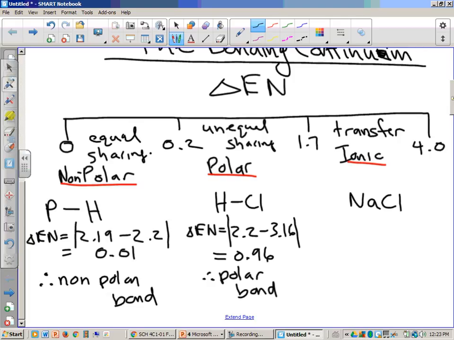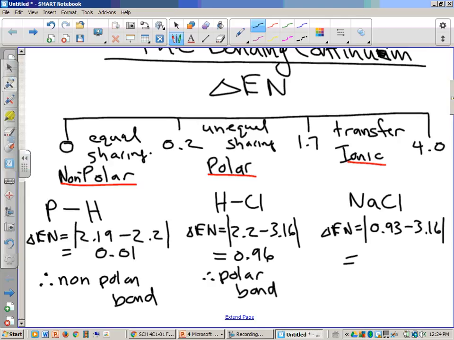Now, notice I didn't put a bond in there. Because what type of compound is that? Just by looking at the atoms, what type of compound is that? Ionic. Let's see if it mathematically works out. Delta EN. I don't know what sodium's value is. 0.93. 0.93 minus, we've seen this number, 3.16.